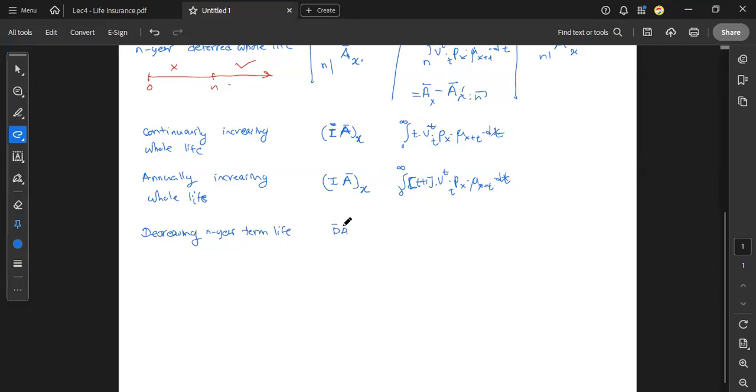Benefit is paid at the moment of death, starting from x and going to n years, and it is term life. So this is between 0 and n. The maximum value is n, and the last value is n minus t. The rest is the same.